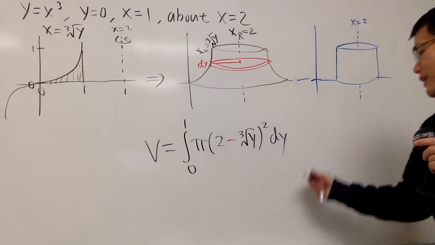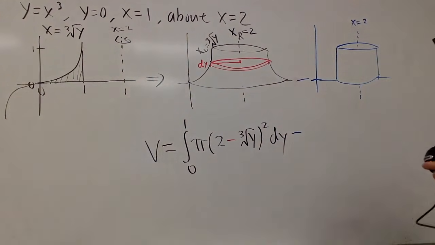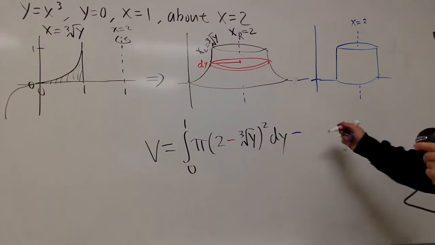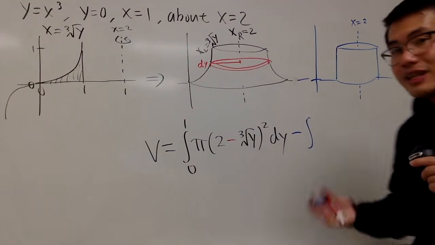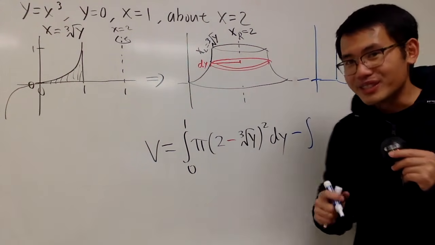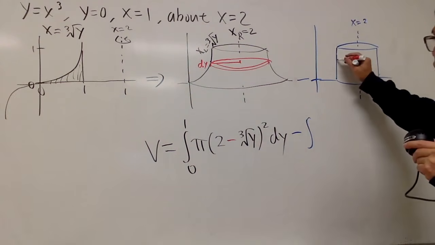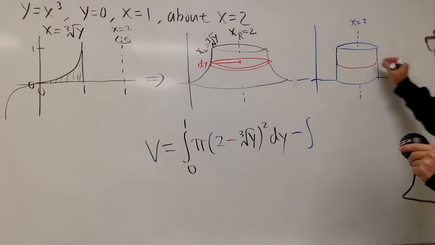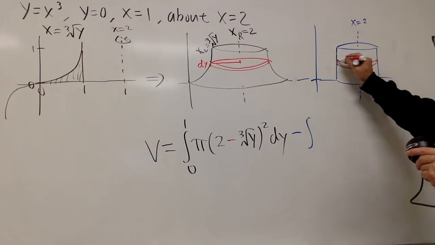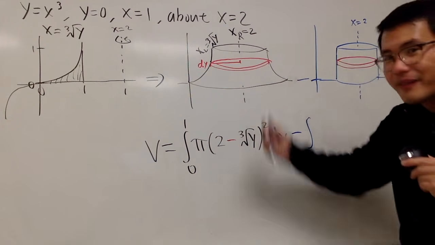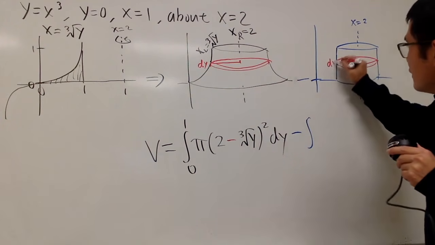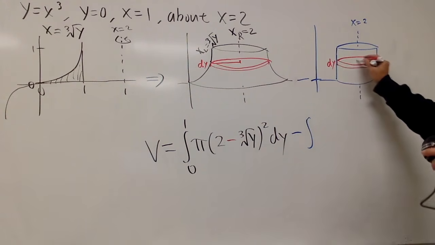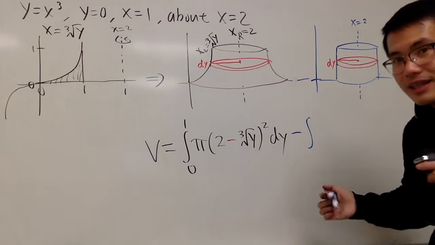All right, for the second one, we are going to subtract. This right here, it's not so bad because it's a perfect cylinder, but we'll do it in the fancy way, integrals. So again, we'll draw a cylinder. Well, a small cylinder, which is the disk, like so, right? This right here is dy, very good. And then from here to here, it's going to be our radius.